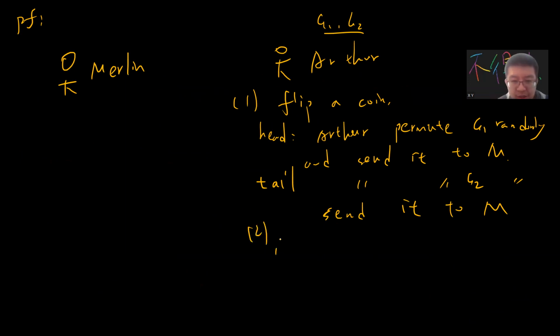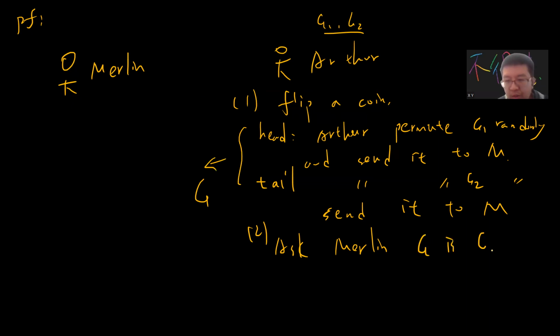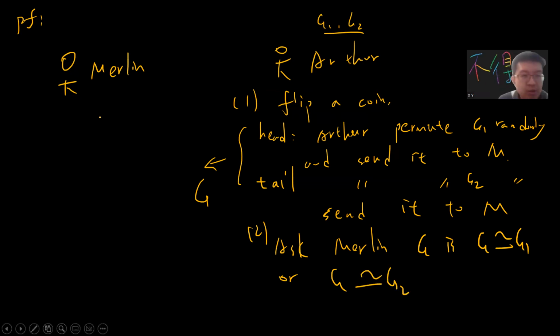Second, Arthur asks Merlin. Let's call the graph G. Arthur asks Merlin: is G isomorphic to G1 or G2? Merlin is all powerful.